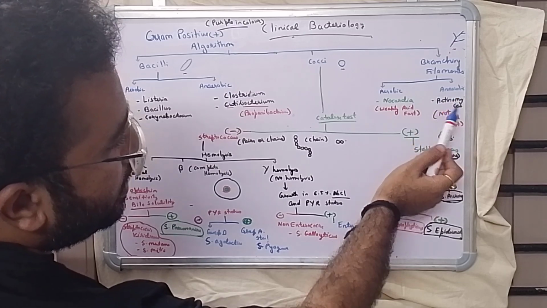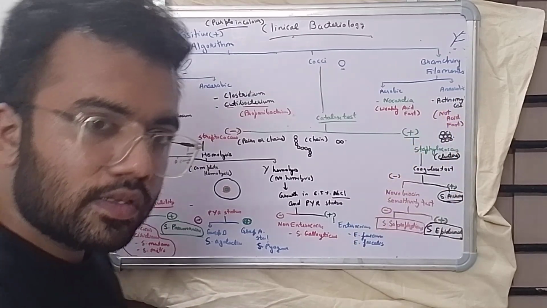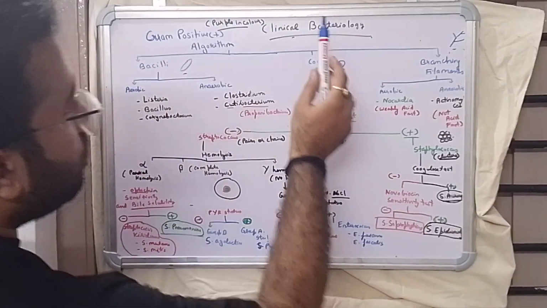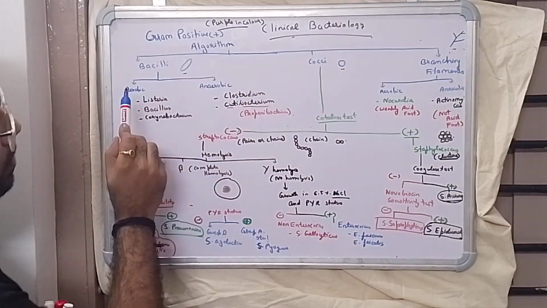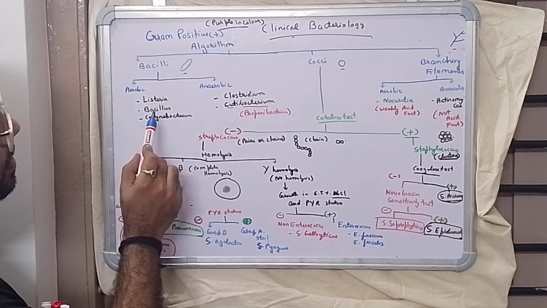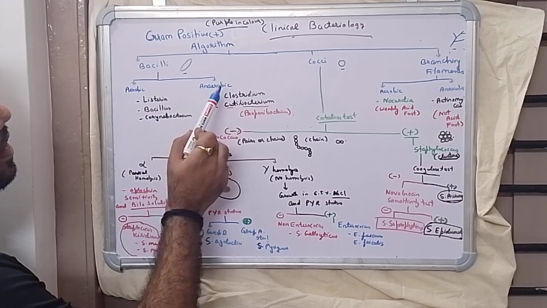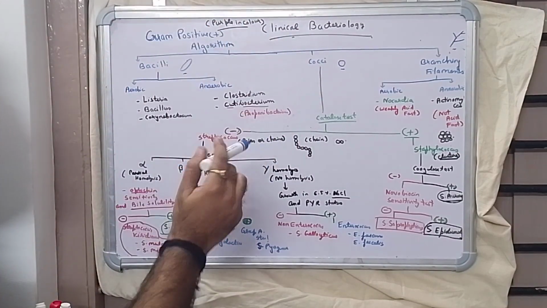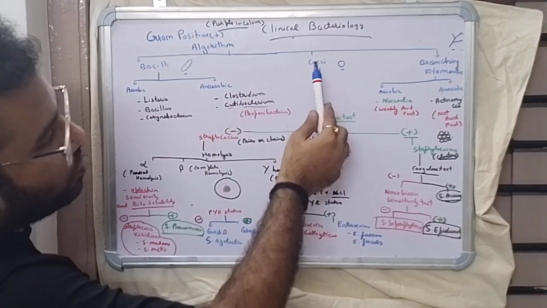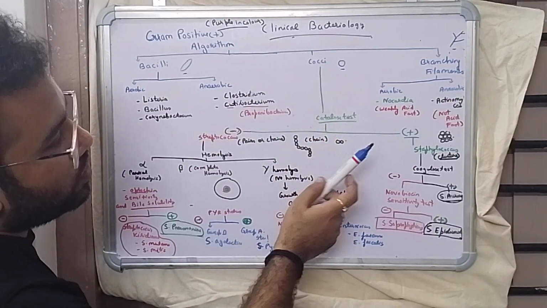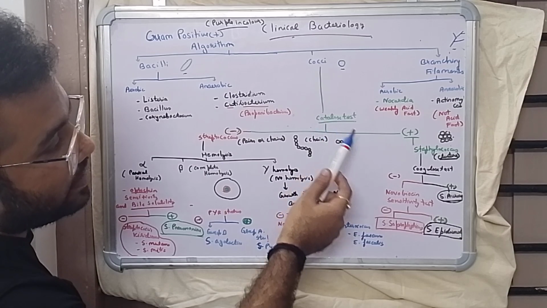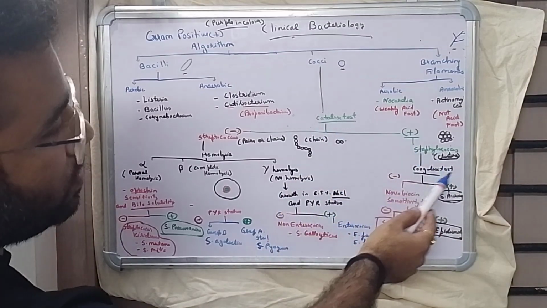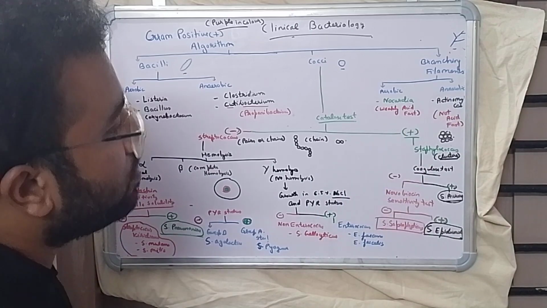Anaerobic is Actinomyces, not acid fast, by the Ziehl-Neelsen test. Further, we divide bacilli into aerobic: Listeria, Bacillus, Corynebacteria; and anaerobic: Clostridium, Cutibacterium, which was earlier called Propionibacterium. For cocci, that is by shape morphology, we divide by catalase status, that is positive Staphylococcus, which are found in cluster forms.